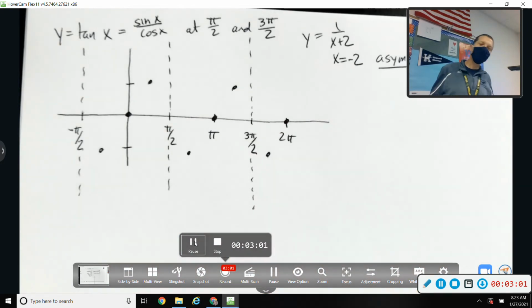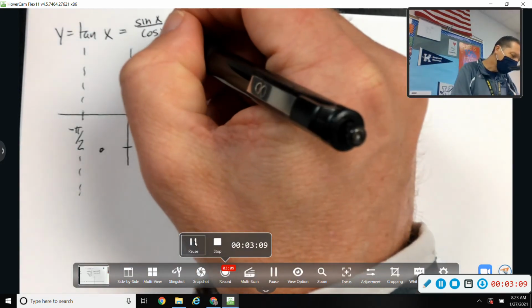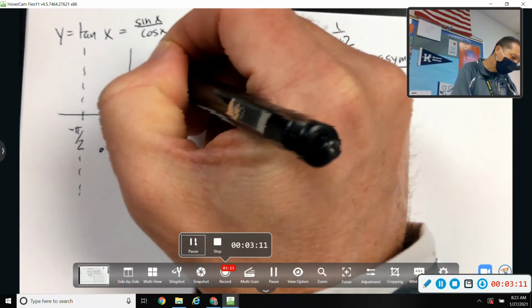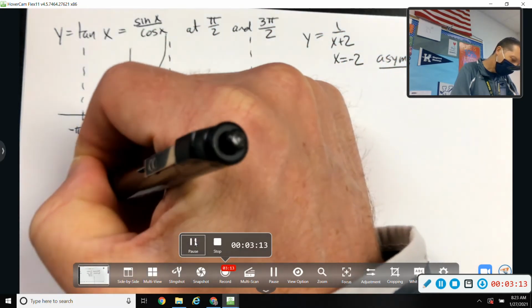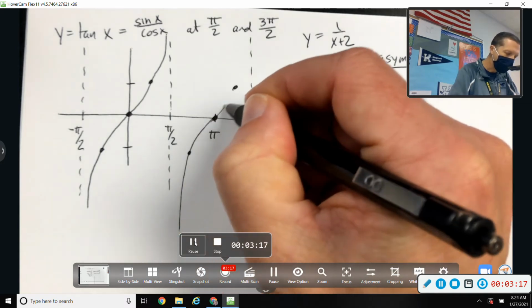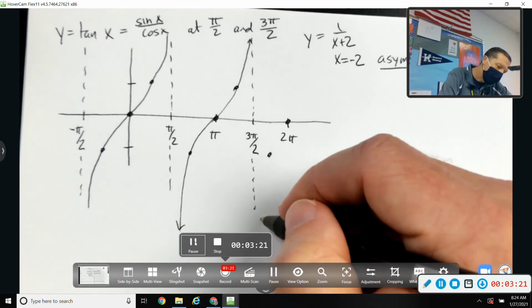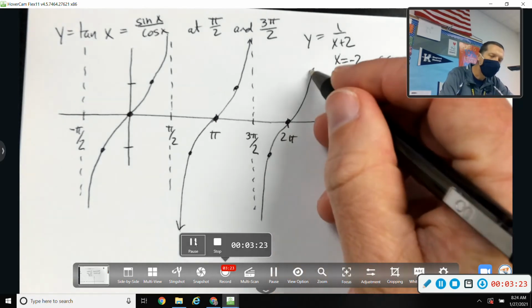And so all we have is like these 3 dots in between the asymptotes. It's going to look kind of like an x cubed graph. Something like that. But over and over and over again.